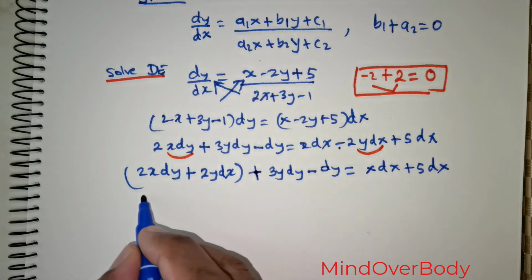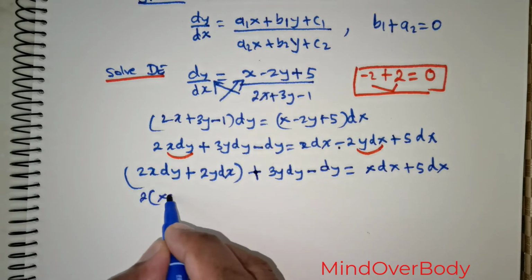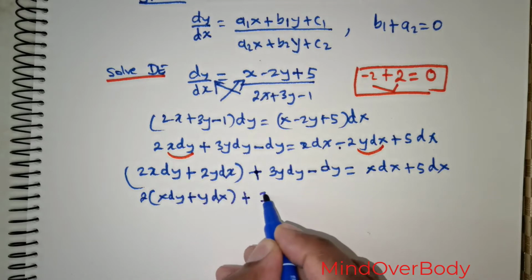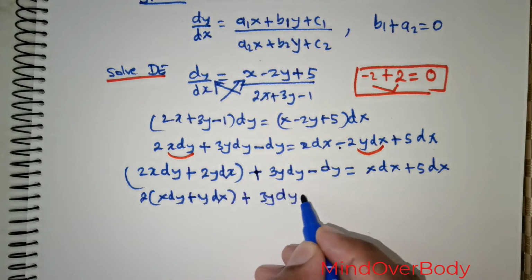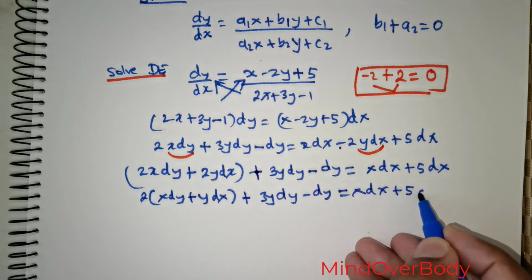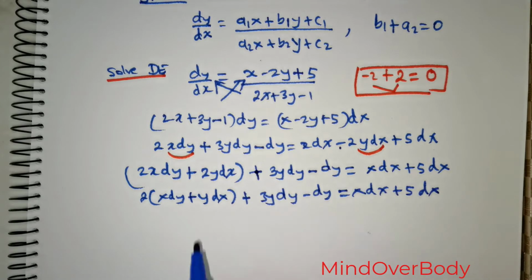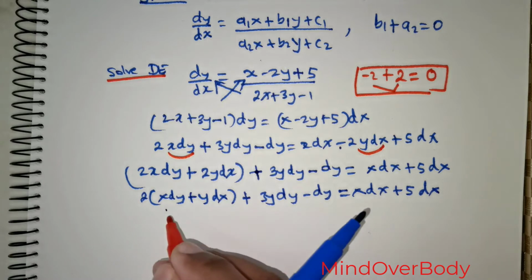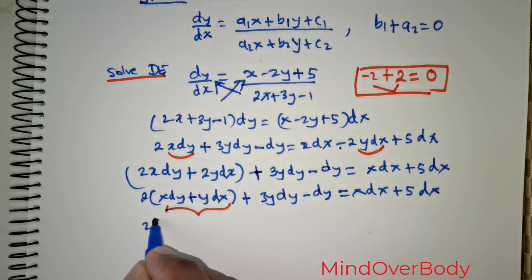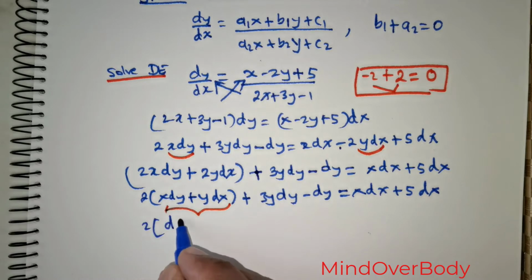Now this can be rewritten as 2 times (x dy + y dx). I'm rewriting everything: 3y dy - dy is equal to x dx + 5 dx. Now what is x dy + y dx? This is nothing but the differentiation of xy, right?